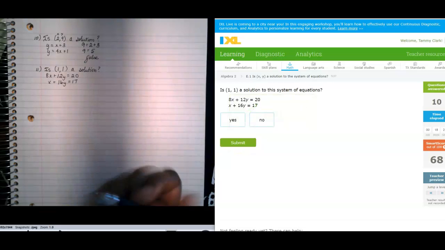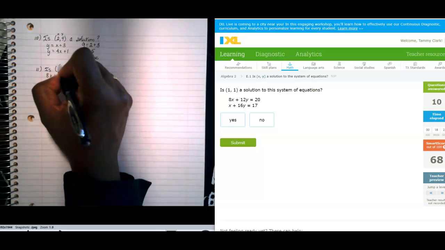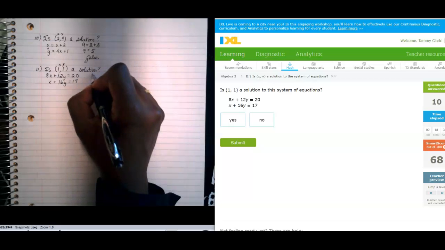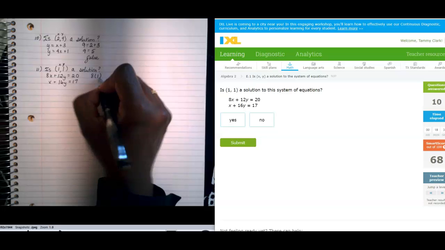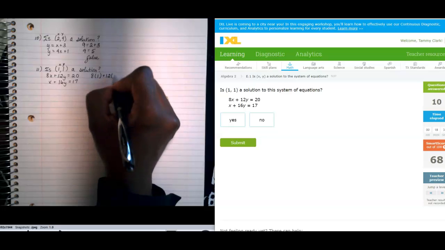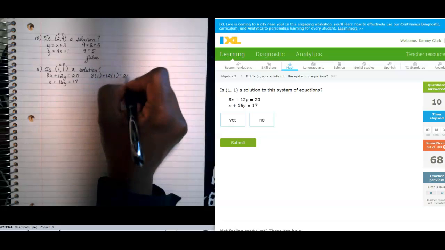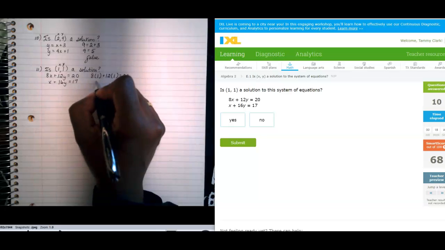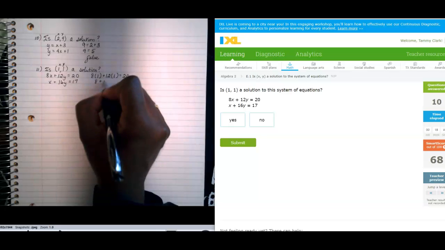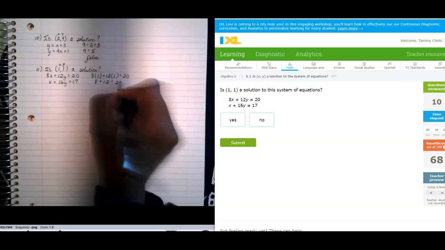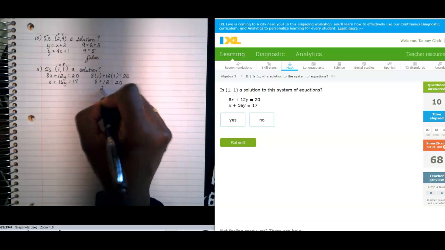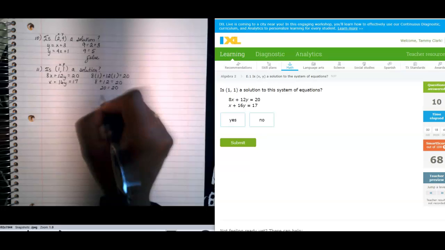Is (1, 1) a solution to the system of equations? So we've got x and we've got y. We substitute. So 8 multiplied by 1 plus 12 multiplied by 1. Does that equal 20? Well, 8 times 1 is 8. 12 times 1 is 12. 8 plus 12 does equal 20, and 20 equals 20.